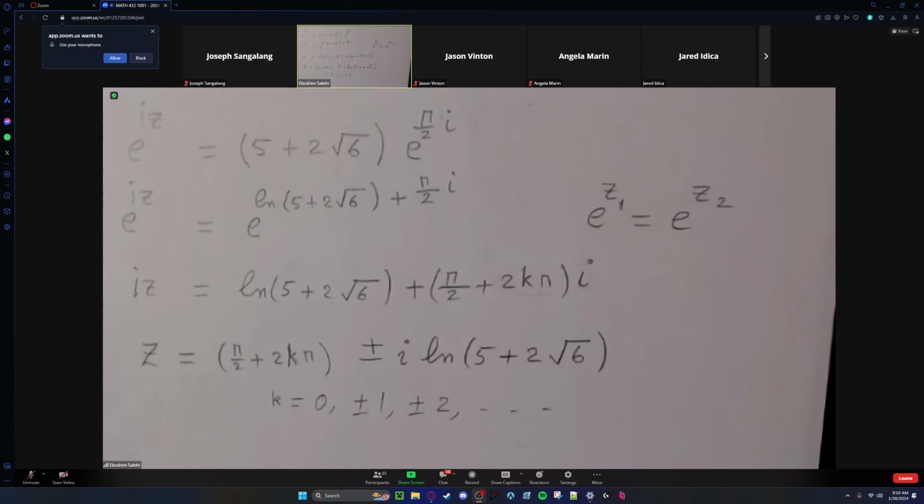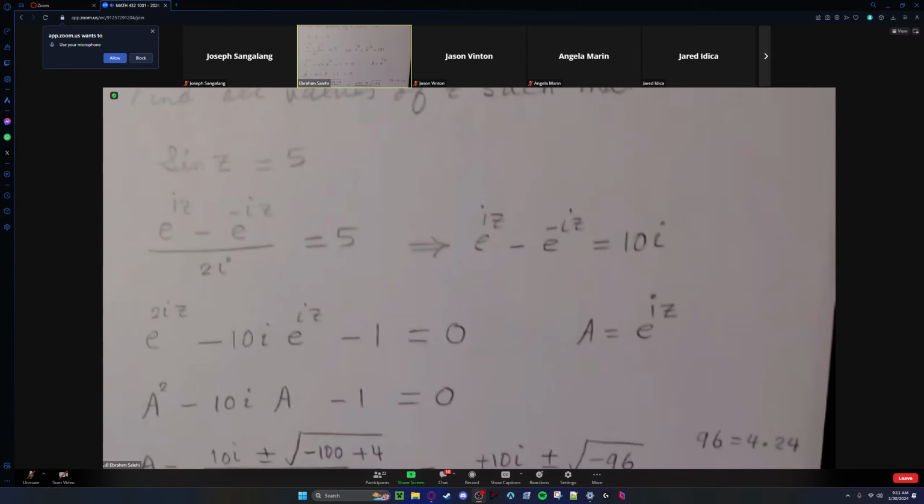So what is the message here? The main message is, look, in real analysis, in the calculus that you took, sine x and cosine x were bounded functions between -1 and 1. But when it comes to complex, they are unbounded. In calculus, sine of x equal 5 doesn't make sense. But in complex, it does.